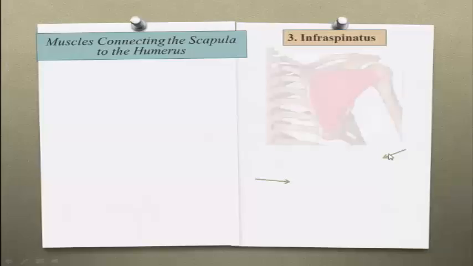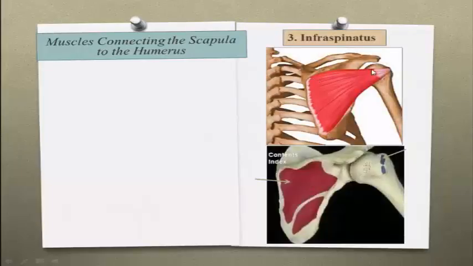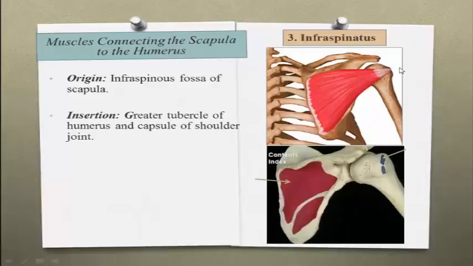In the lower part of the posterior surface of the scapula, we can find the next muscle, and it is the infraspinatus. It arises from the infraspinous fossa, or I would say from the upper two thirds of it. The fibers converge toward the greater tuberosity, you see, and insert here.